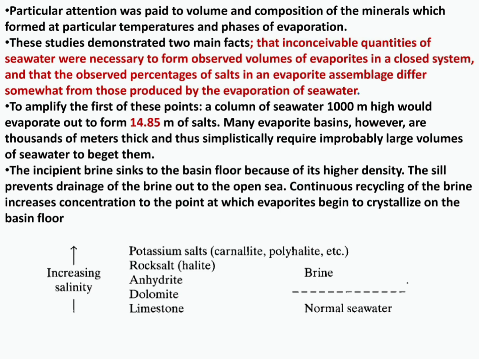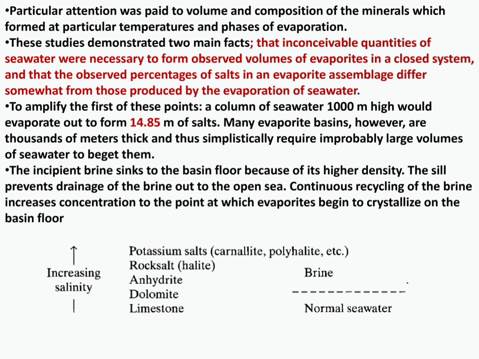Here at the bottom you will see a diagram, I mean a figure. You see that from limestone to potassium halide there is an increase in salinity. Dolomite and limestone get precipitated in normal seawater, whereas for anhydrite, rock salt and potassium salts you need brines, meaning saltier water.